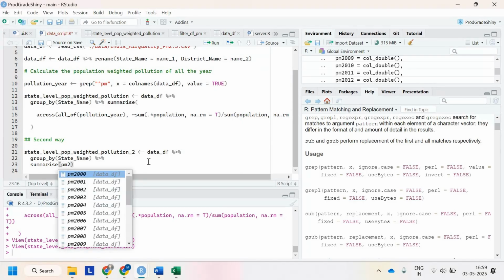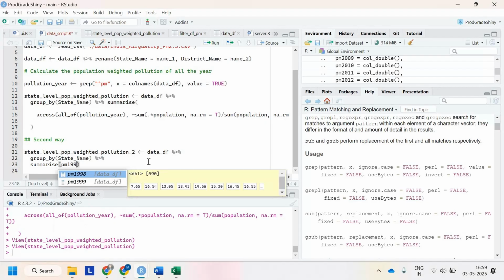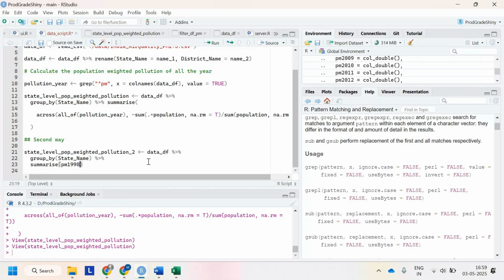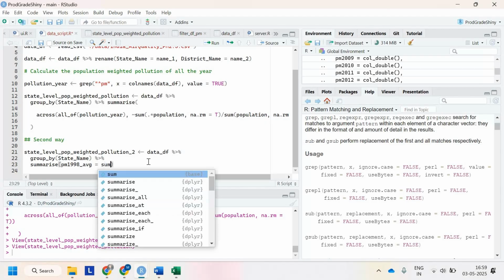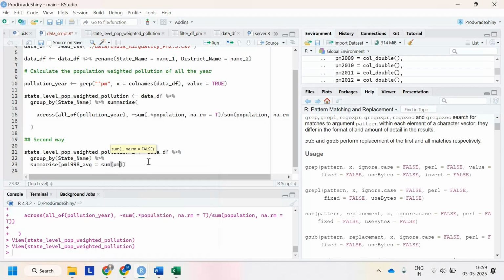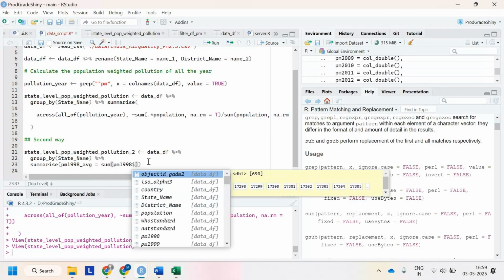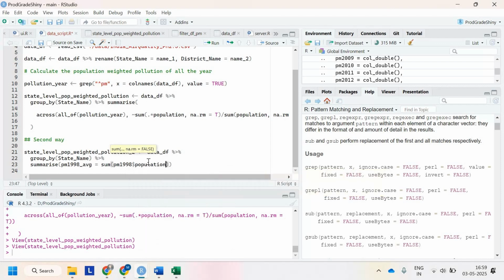PM 1998 average, and then sum of PM 1998 multiplied by population, right?